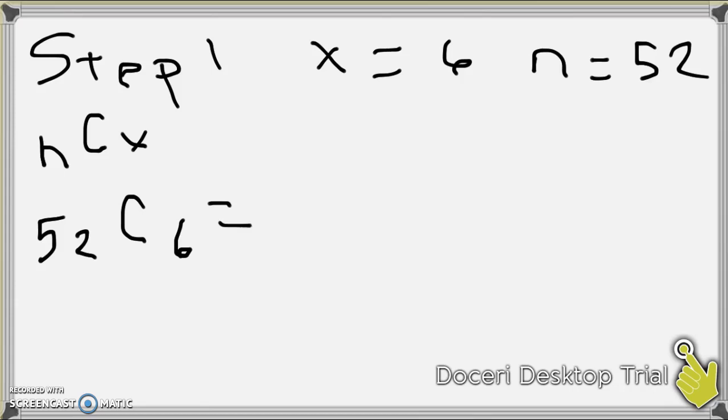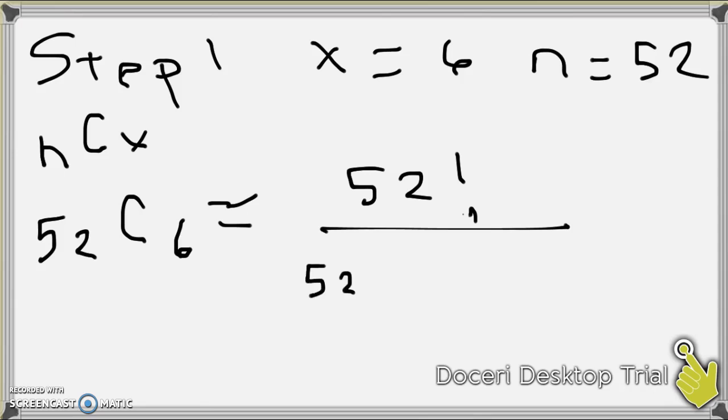The formula for combinations is on top n factorial, so 52 factorial over n minus 6 factorial, so 52 minus 6 factorial.